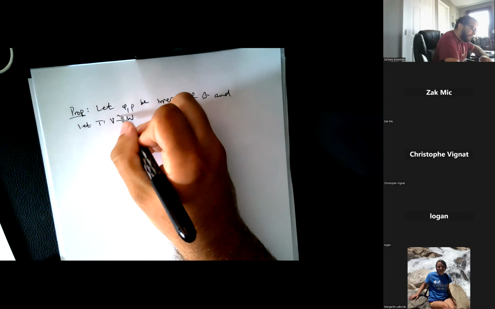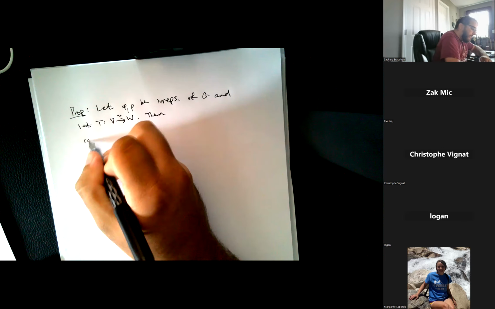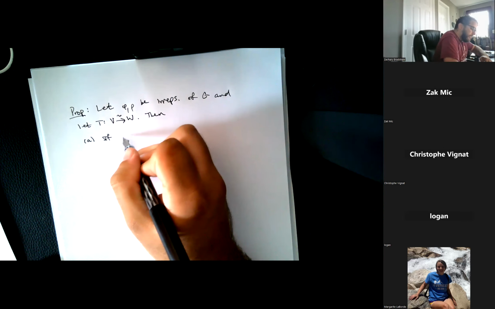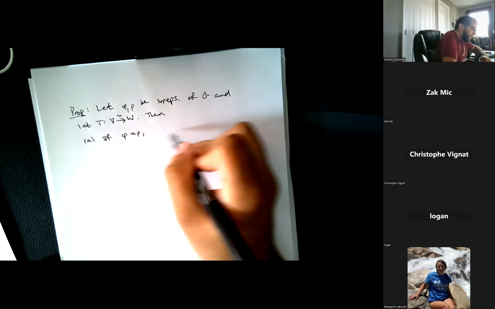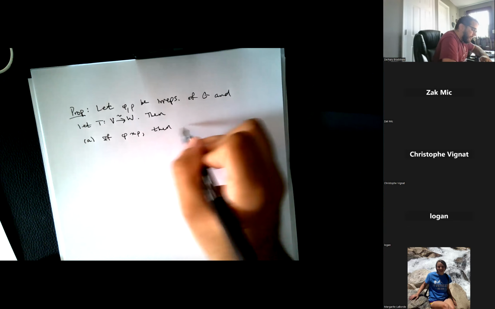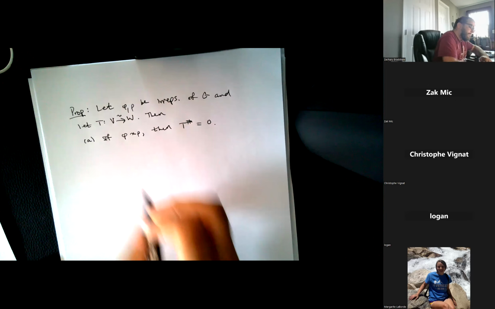We want it to be a linear map. Then if phi is not equivalent to rho, then the twirl of t is equal to 0.